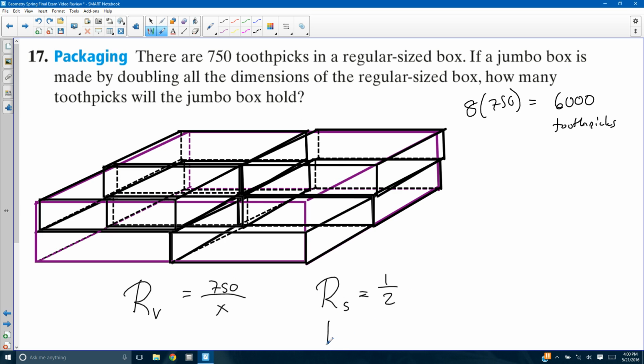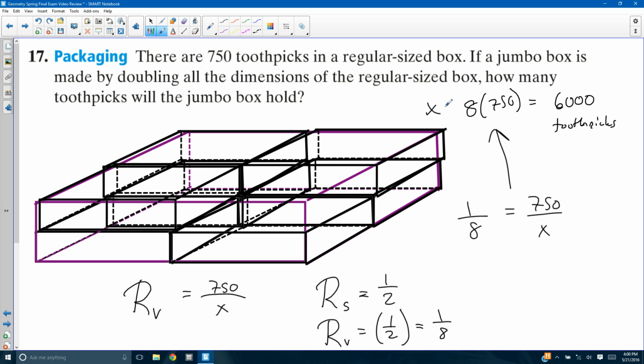The volume ratio here that I'm going to be using is by cubing this, which is 1 to 8. So whatever size this is, it's 8 times larger. So as you set up that proportion, 750 over some unknown amount, you get that right there. X equals 8 times 750 as you cross multiply. And I think that's 6,000. Let me calculate that. Yeah, 6,000.